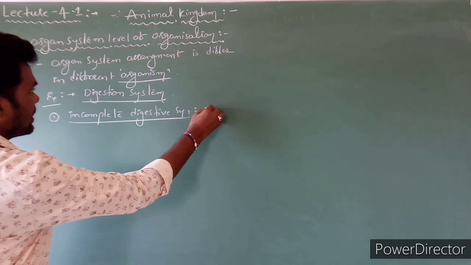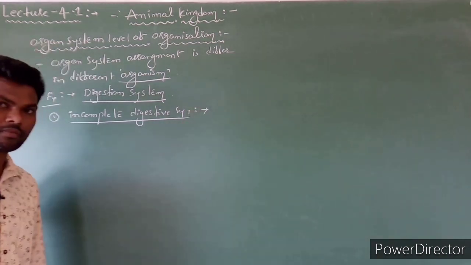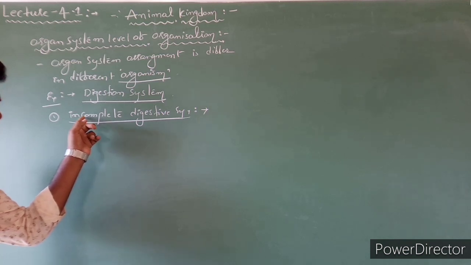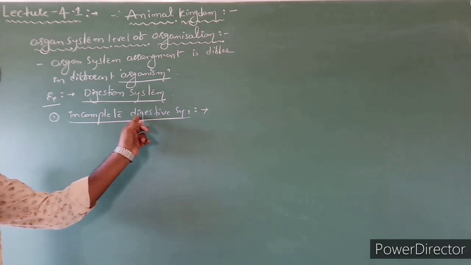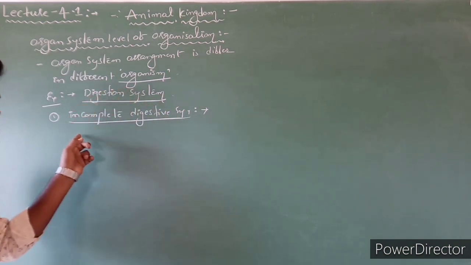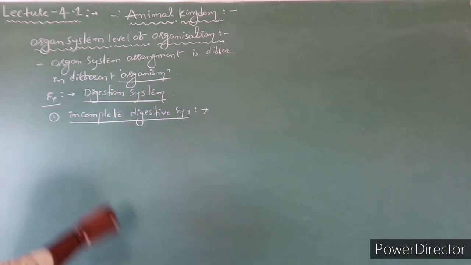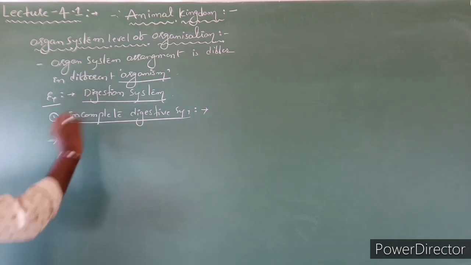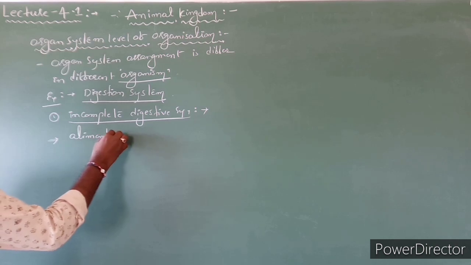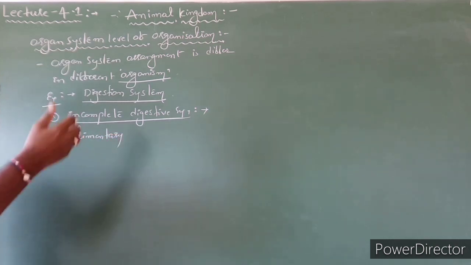Next one is complete digestive system. Simple, the definition is already there in the word incomplete digestion system. Digestive system is there, but it is what? Incomplete.